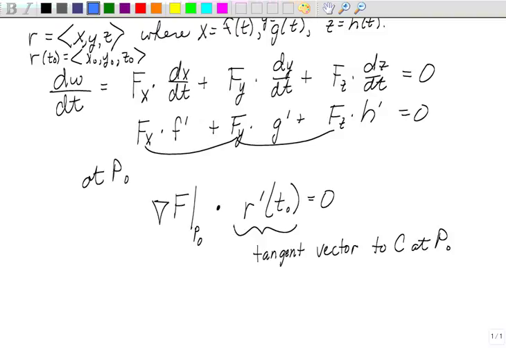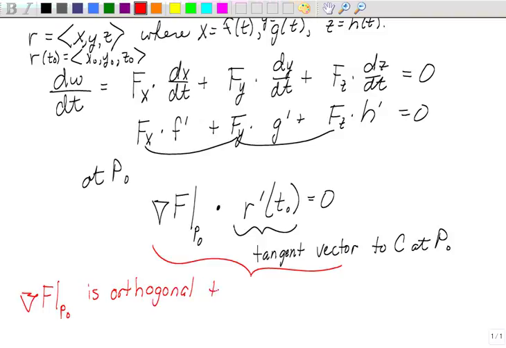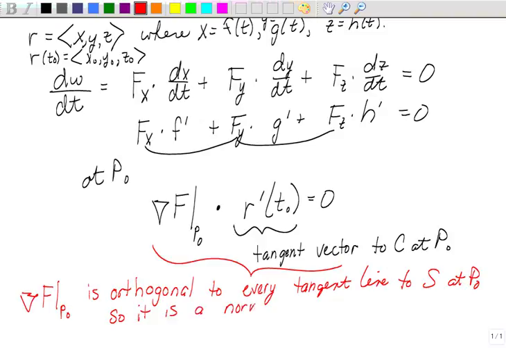And what this says is when you take the dot product, this is so important right here because this says that the gradient f evaluated at P0 is orthogonal to every tangent line to S at that point. So it is a normal vector. This is perpendicular to the tangent vector.